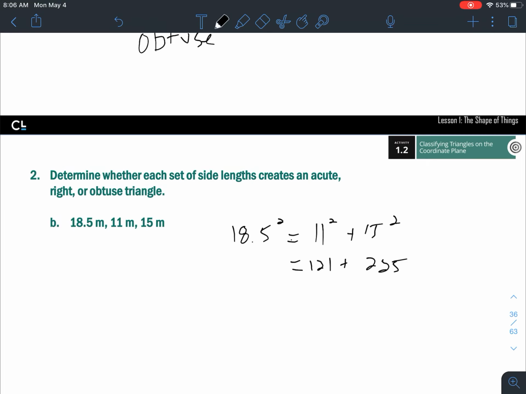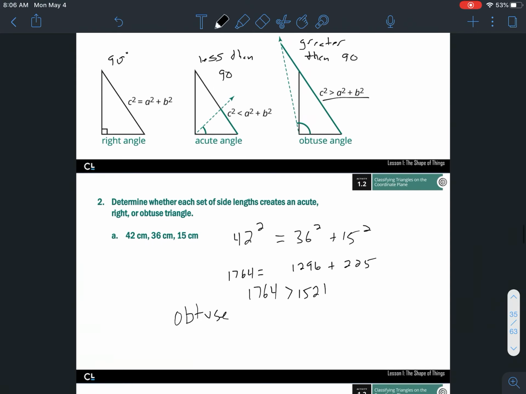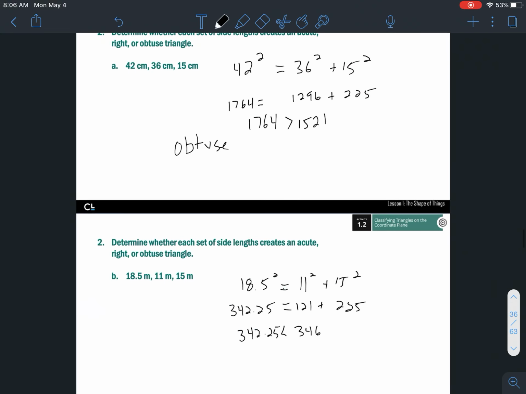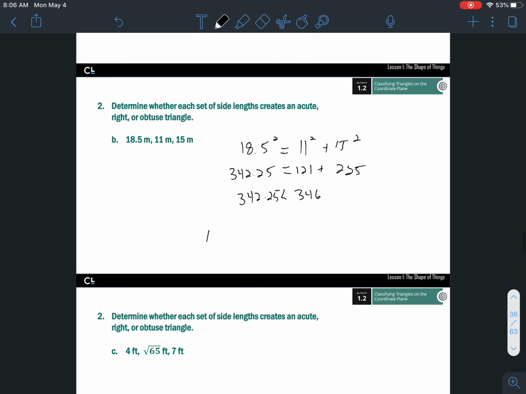And then 18.5 squared is 342.25. We add the 121 plus 225 and it comes out to be 346. Well, that is larger than 342.25. Because C squared is smaller than A squared plus B squared, we know it's an acute triangle. So you can just write acute.